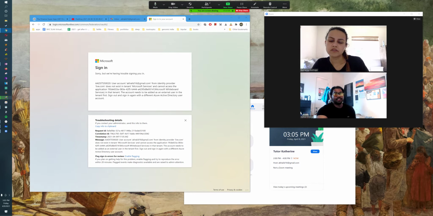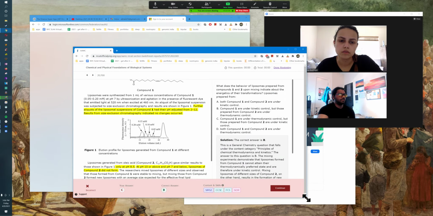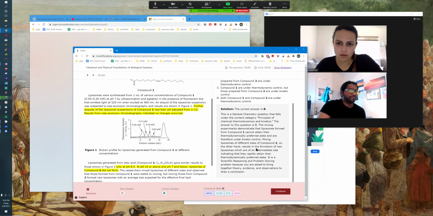You assume that if they don't change, it's because they're stable. So they don't change because they are stable on their own. However, compound 2 formed new liposomes that are even more stable than if they were alone.